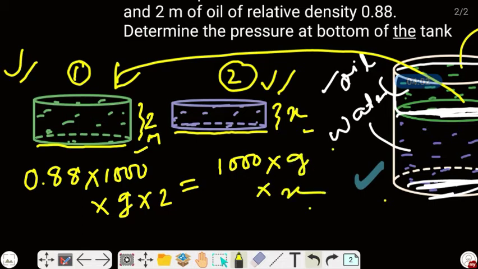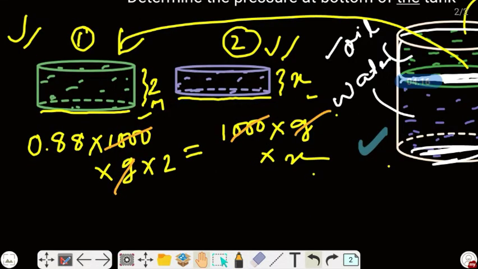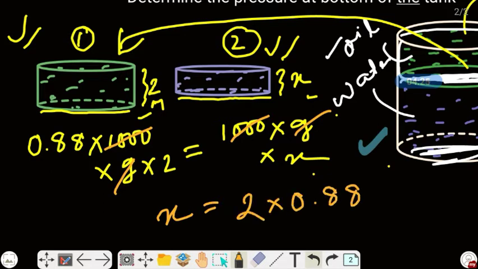From both sides some terms are common, let's cancel them. 1000 will go with 1000, g will go with g. So here we will have x is equal to 2 into 0.88, and this is equal to 1.76 meter.